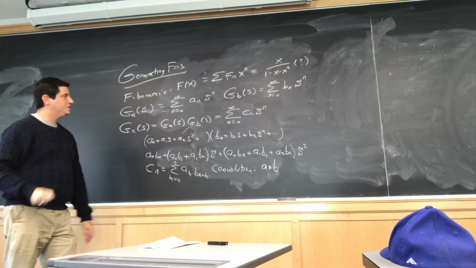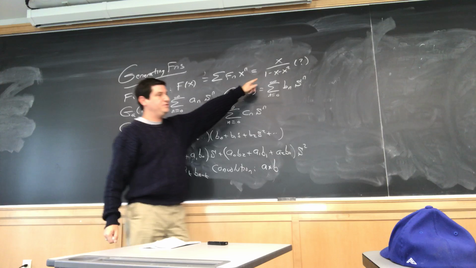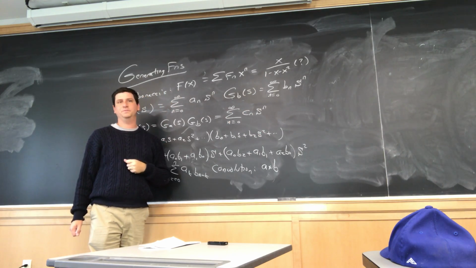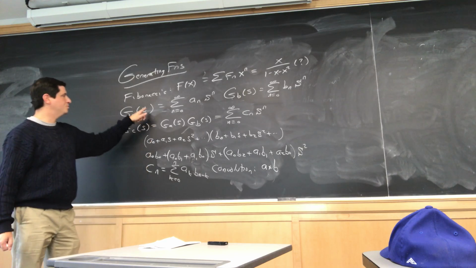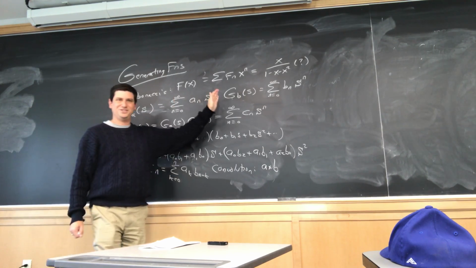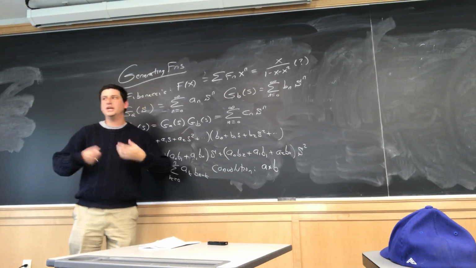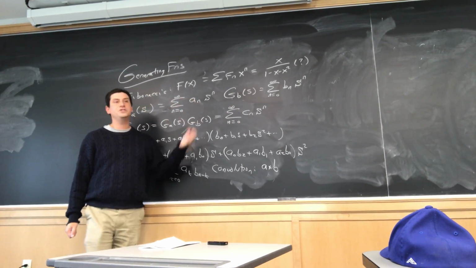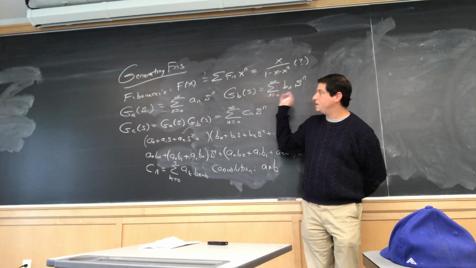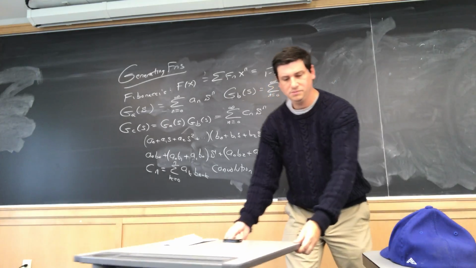If I take s equals 0, the only term that survives here is a0, and the only term that survives there is b0. So if they're equal for all values of s, a0 equals b0. Then you subtract a0, divide by s, and you have a new series. When you set s equals 0, you get a1 equals b1. You can continue like this and say that if the two generating functions are the same, then the sequences are the same. That's a great thing about discrete sequences like this. So we'll call that a theorem.